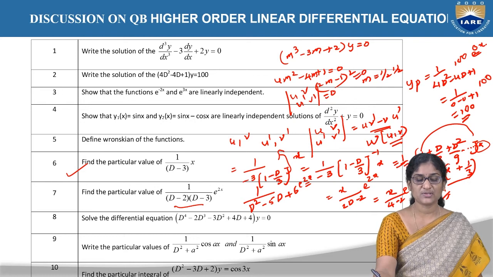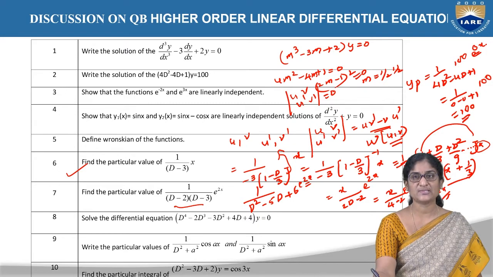Next, the eighth question: solve the differential equation (D to the power of 4 minus 2D cube minus 3D square plus 4D plus 4) y equal to 0. This is a homogeneous differential equation, which consists of only the complementary function. We don't have any particular integral here.